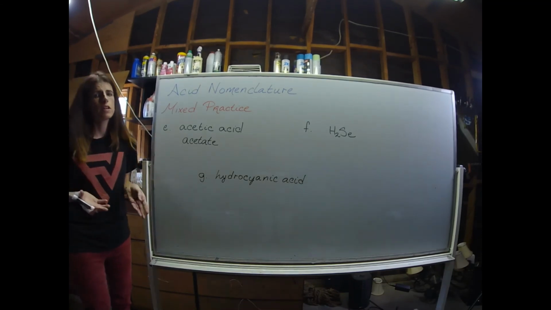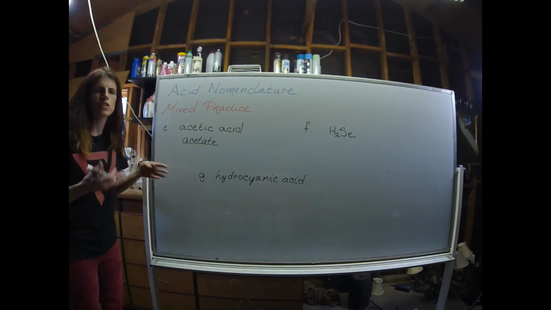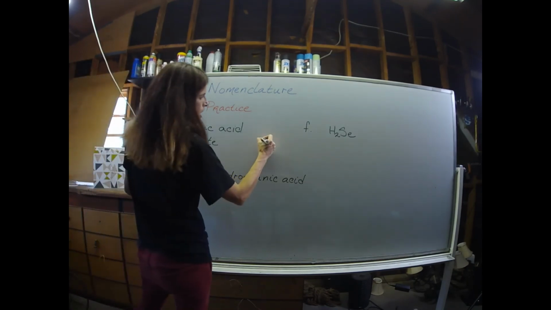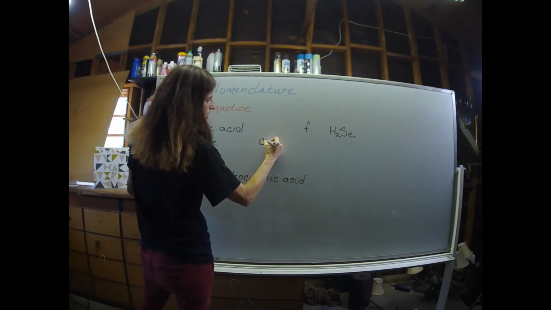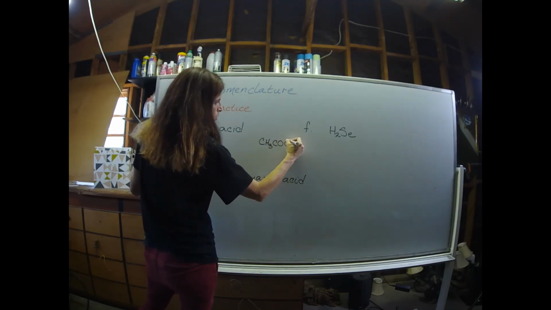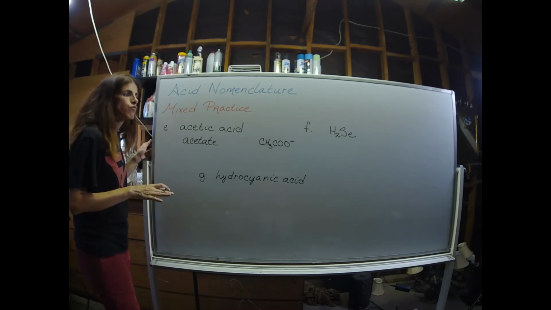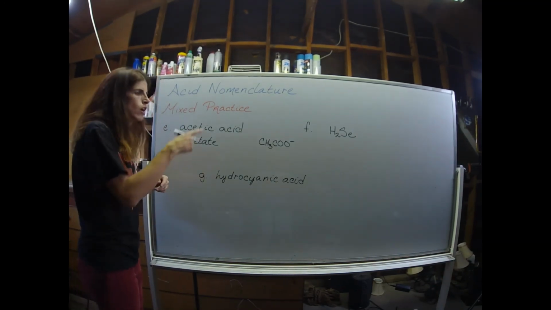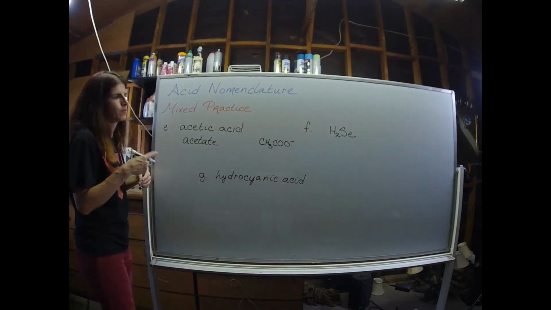Acetate's a little bit confusing because it's presented in a variety of ways. One way, the way I tend to write it is CH3COO minus. I like to write it that way because then when I go to draw the Lewis dot structure, I can really see how things are connected.